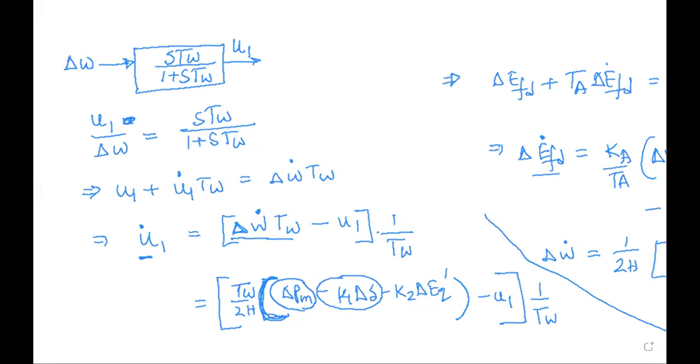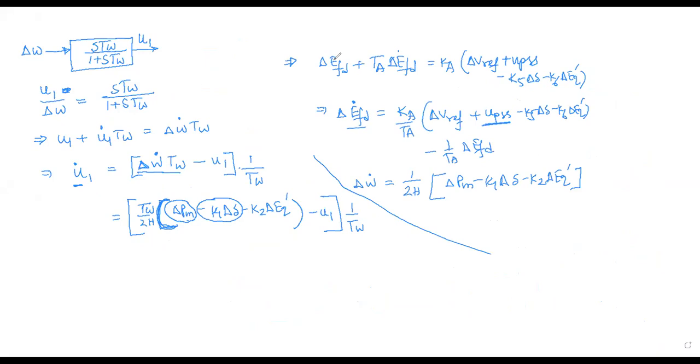If we simplify this, it would be simply minus K1 by twice H del delta, minus K2 by twice H del EQ dash, minus U1 by TW, plus 1 by twice H into del PM. So this would be the change.